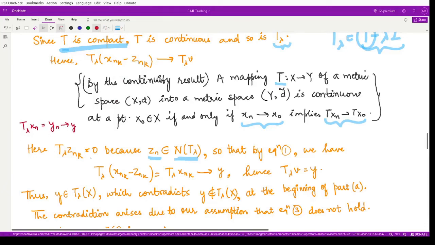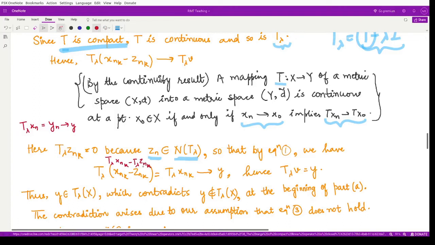So using equation 1, if we consider T lambda of xnk minus znk, it would be T lambda of xnk minus T lambda of znk.